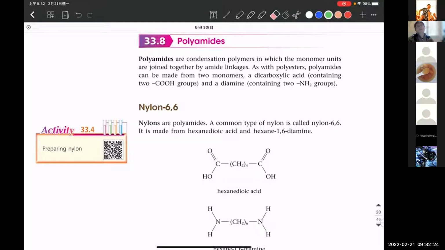So people have also made polyamide, but it serves a different purpose, especially for fabric design. So you may find this term nylon. It is an artificial man-made polymer.